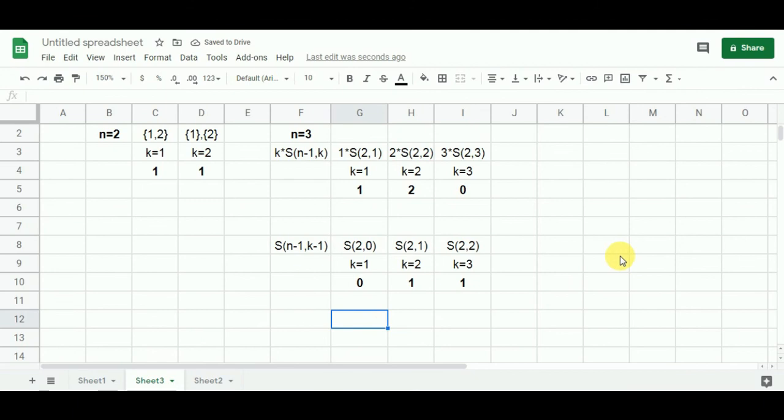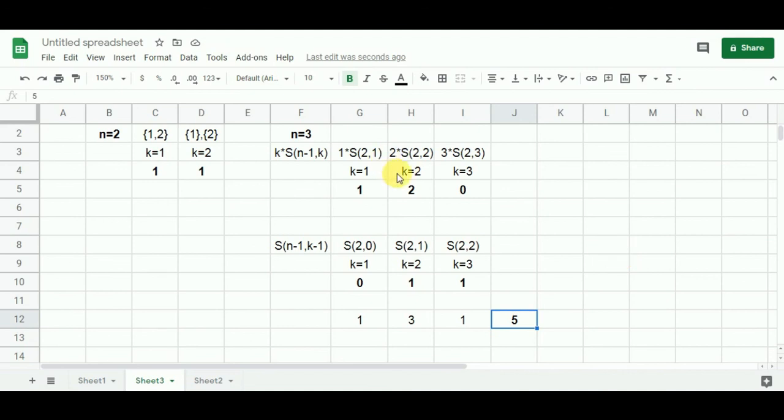So I am going to get 1 as the value when k equals 1, 3 as the value when k equals 2, and 1 as the value when k equals 3. And the summation of these three results is going to be 5. So 5 is the total number of ways by which we can partition a set of 3 integers.